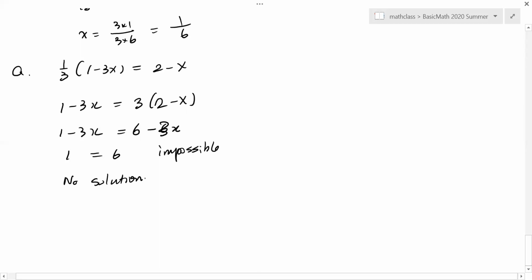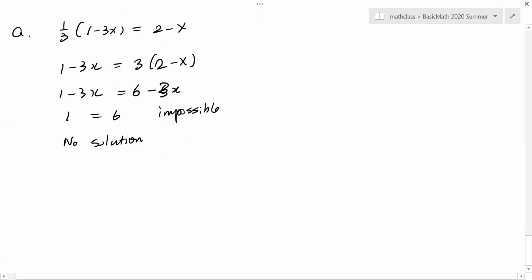That means your assumption is wrong. There's no such solution. So if you get a contradiction at the end, and there are no computation mistakes, that indicates there's no solution. Okay. So the next one: minus x minus 1 equals 1.